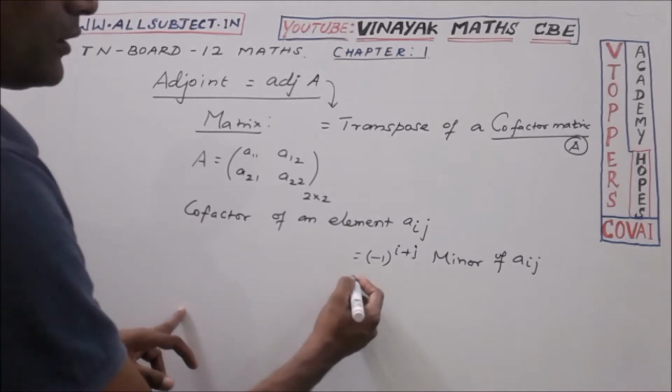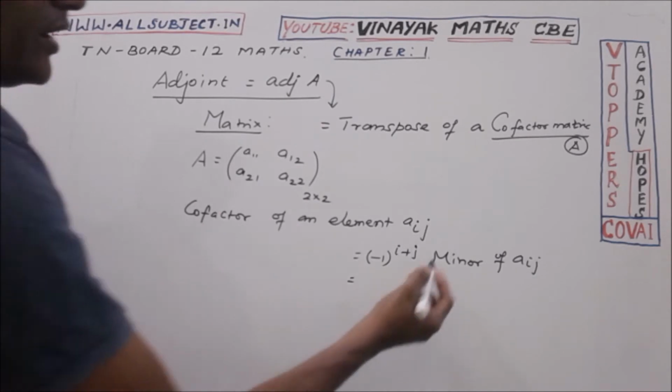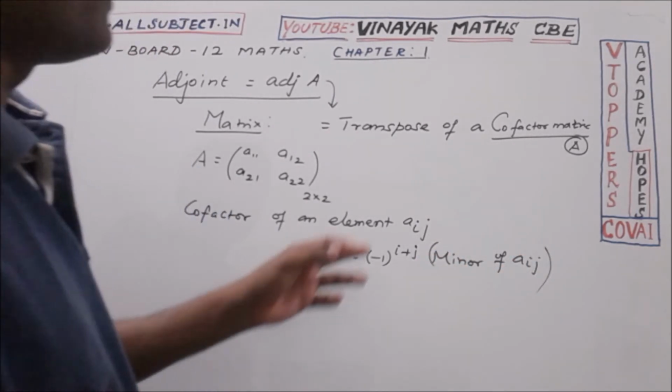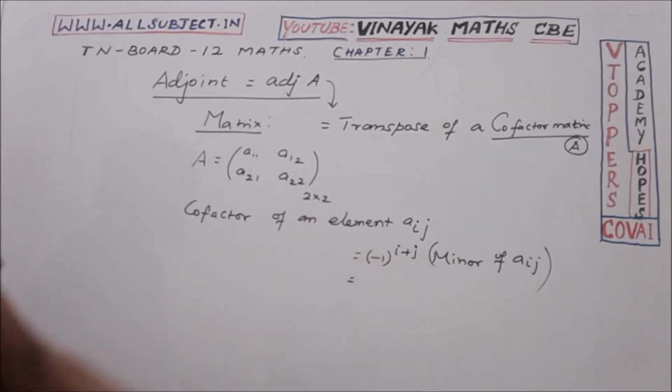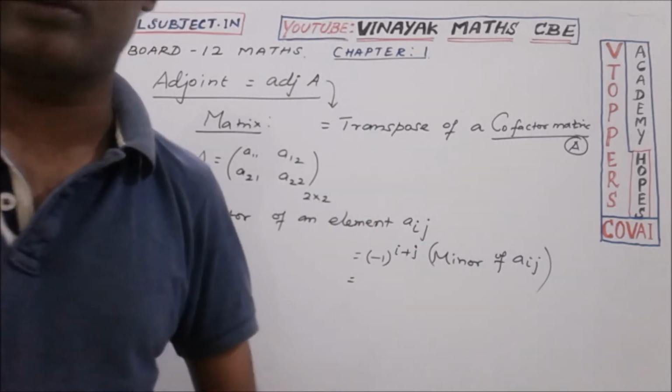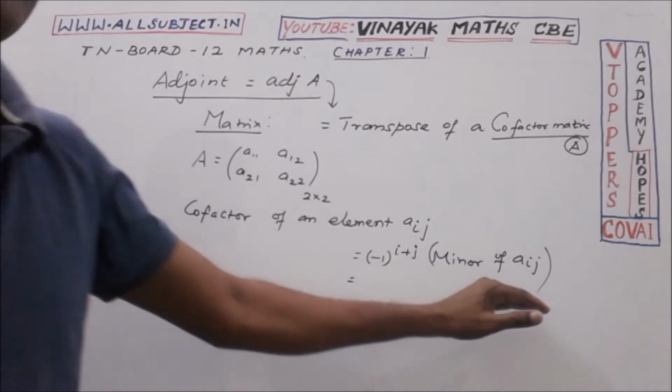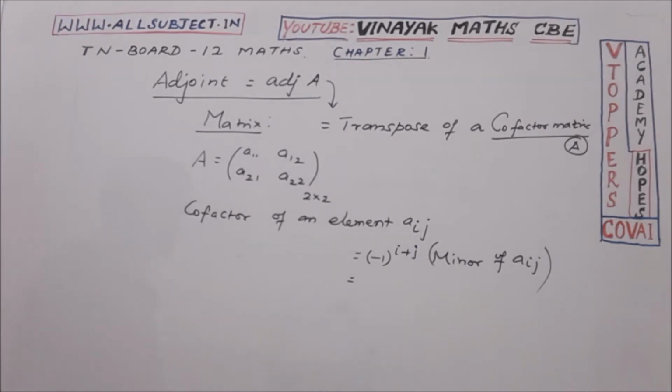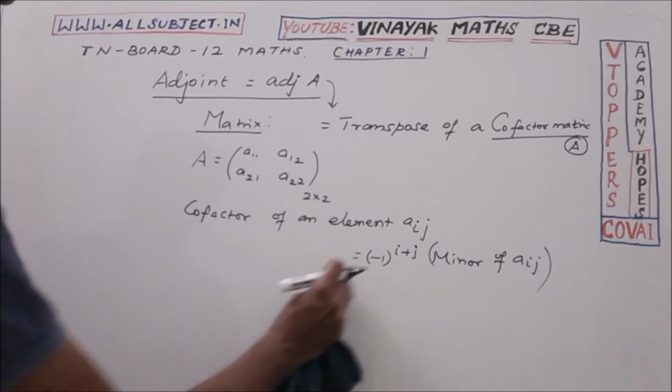Here, what does minor mean? We should know cofactor, we should know minor. To calculate the cofactor of an element, we should know how to calculate the minor value of that particular element. So what is minor? Now we are moving to minor, then we can move to the cofactor.